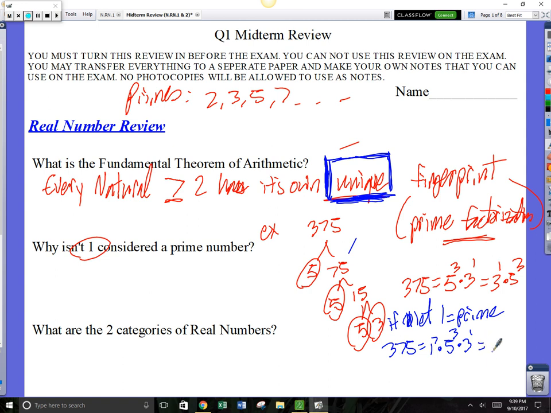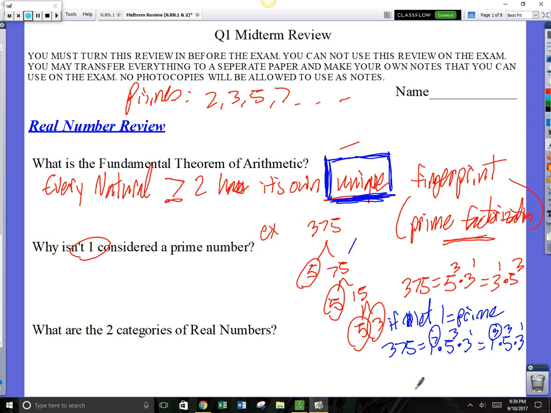And that is also equal to 1 to the 3rd times 5 cubed times 3 to the 1. And 1 to the 7th and 1 to the 3rd are two totally different fingerprints, even though they both give a 375.